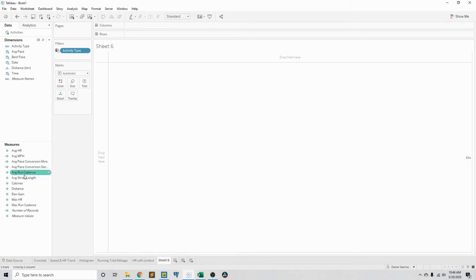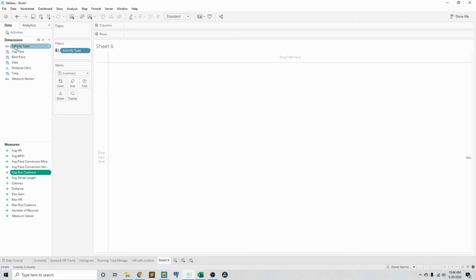I want both of these measures to increase. Or I could also look at the distance between the average and the maximum heart rate. Well, let's look at some of our running quality metrics, this running cadence and stride length, because you multiply these against each other and you essentially get your speed, because how fast you move your feet and how long you move your feet is your speed.